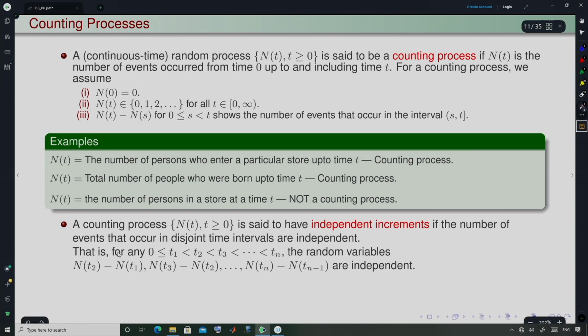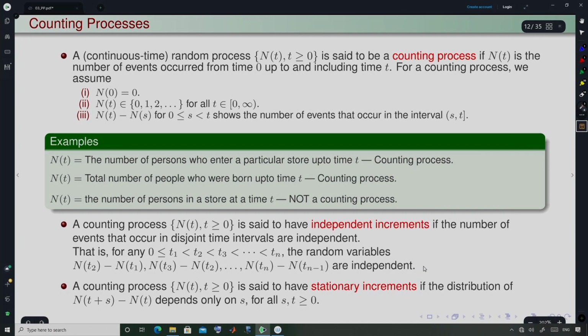That is, for any t1, t2, up to tn, the random variables N t2 minus N t1 and N t3 minus N t2, the increments, are all independent. Such a process is called a process with independent increments.